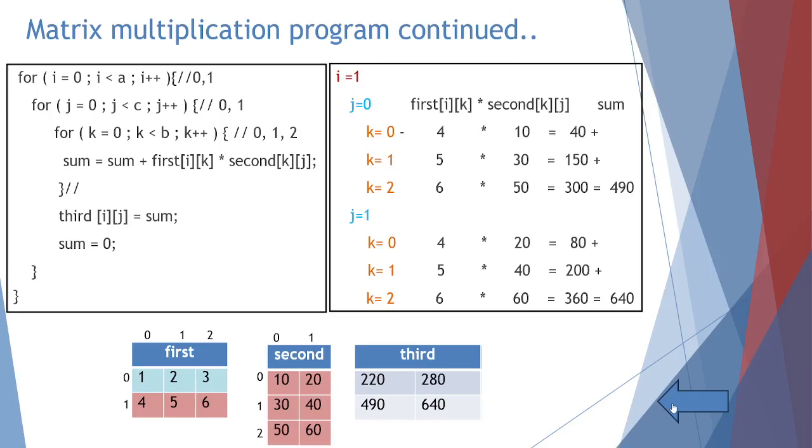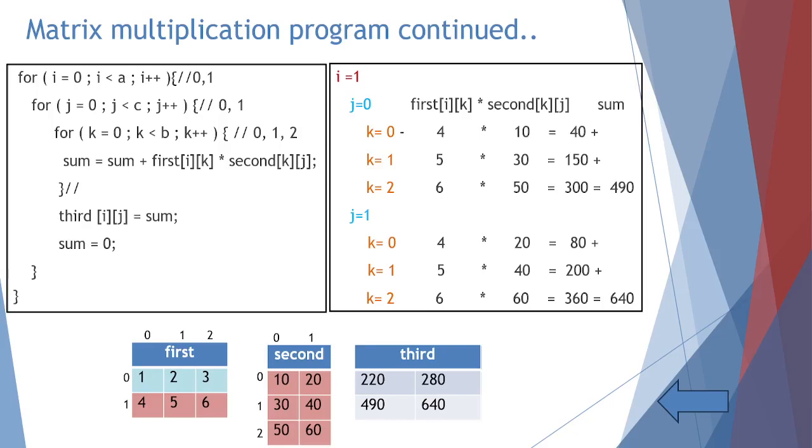First of I, K, let's understand. I is 1, K is 0. 1, 0, 1, 1, 1, 2, 4, 5, 6. And then second of Kj, J is 0, 0, 0, 1, 0, 2, 0. That is first column of the second one and then second column.